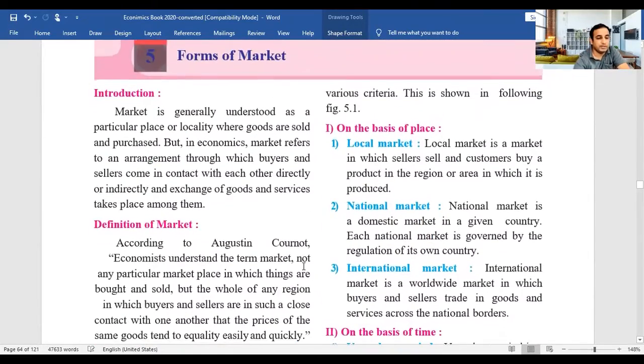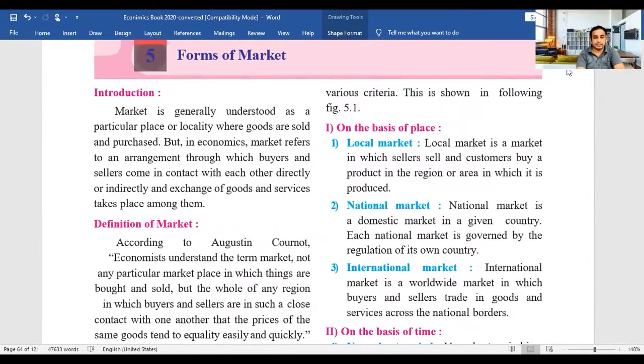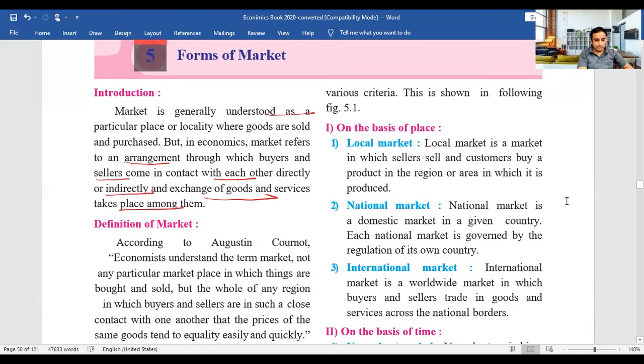So please refer page number 46. Forms of market. Now the introduction that we have studied, that market is generally a particular place, but in economics, market refers to an arrangement through which buyers and sellers come in contact with each other directly or indirectly, and they exchange goods and services which takes place among them.